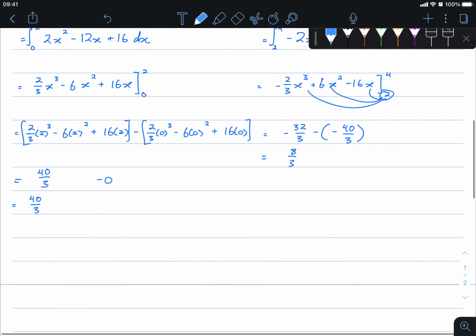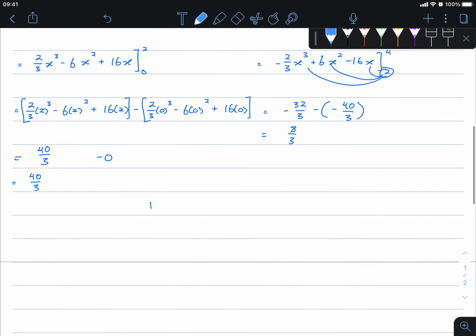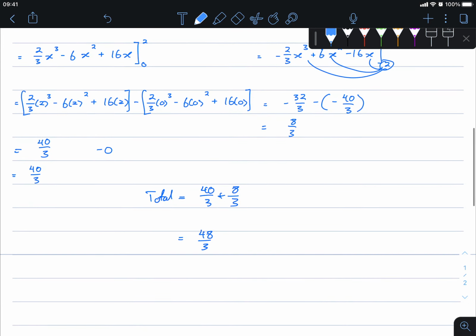And lastly, we just need to take area 1 and add it with area 2. So in total, we get 40 on 3 plus 8 on 3, which is 48 on 3. Let's see if that simplifies. 48 divided by 3. Yes, it does. This is 16 unit squared.